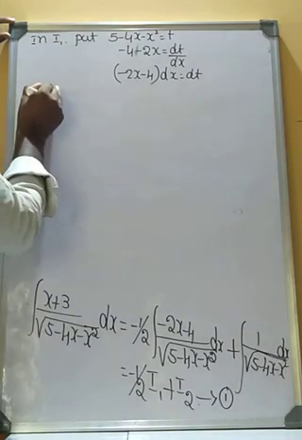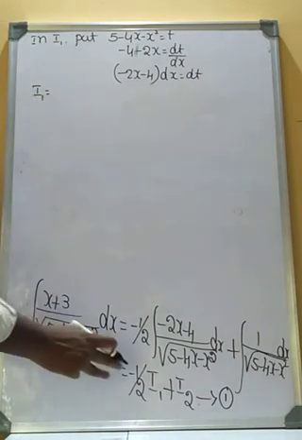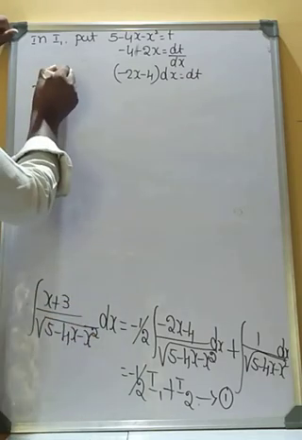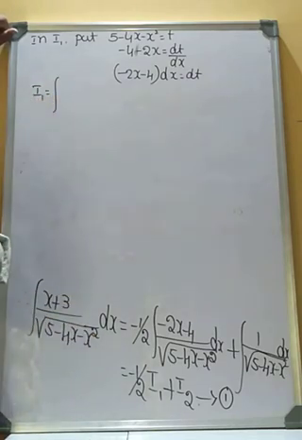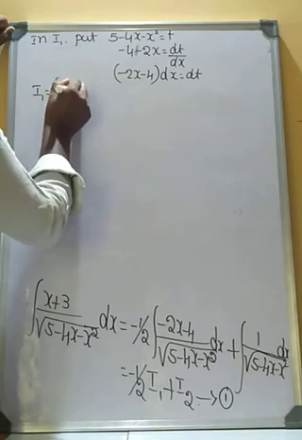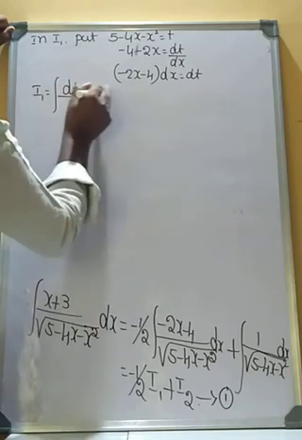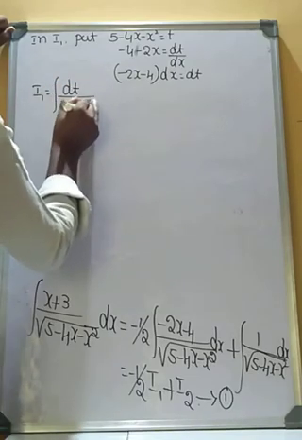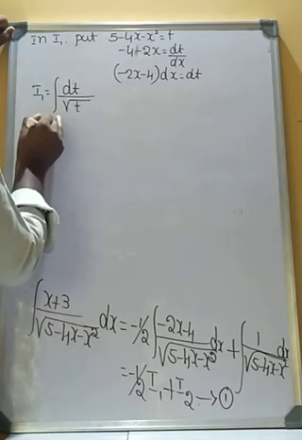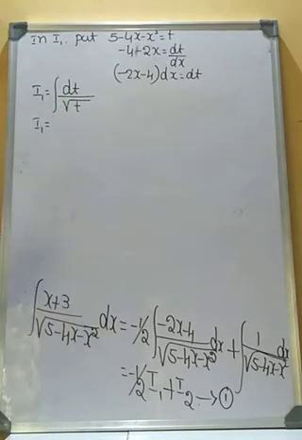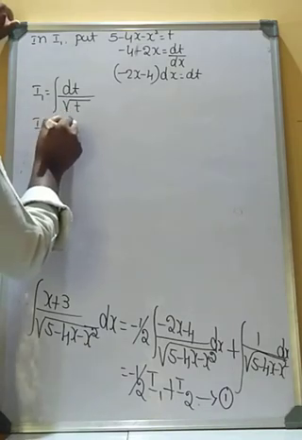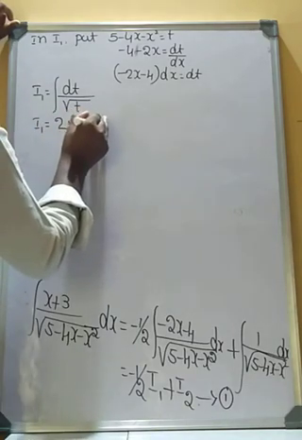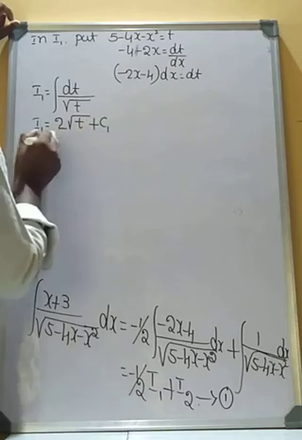What is I1? Integral of dt divided by square root of t. Therefore I1 is equal to integral of dt by root t, which is 2 into root t plus c1.